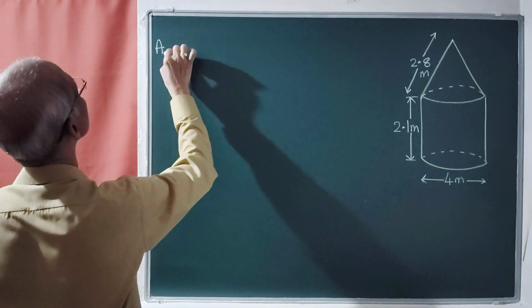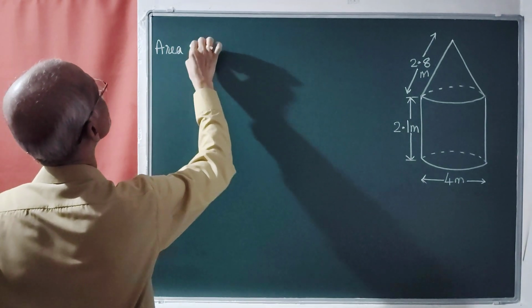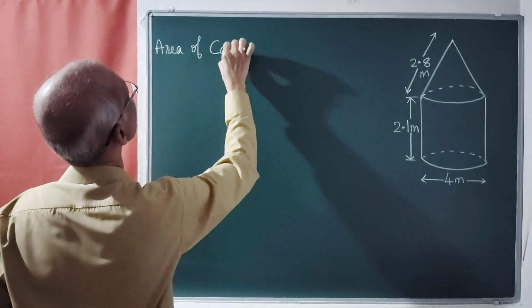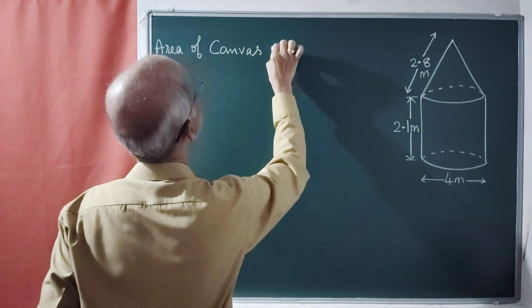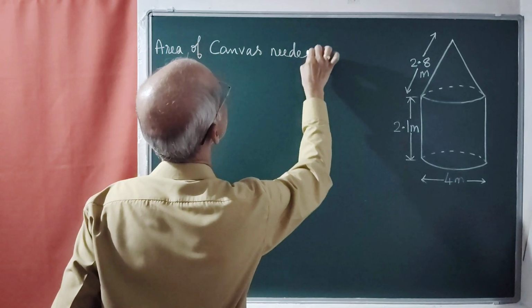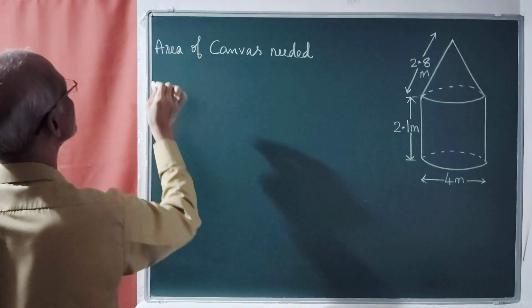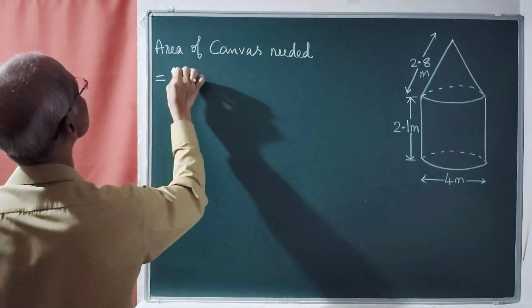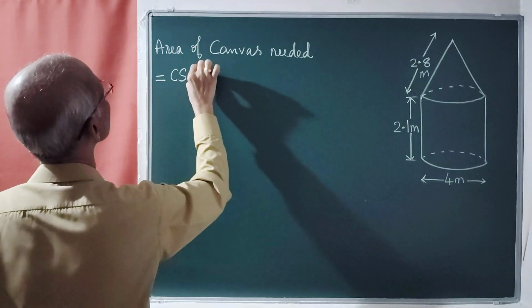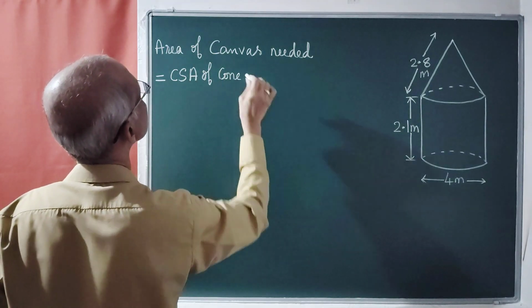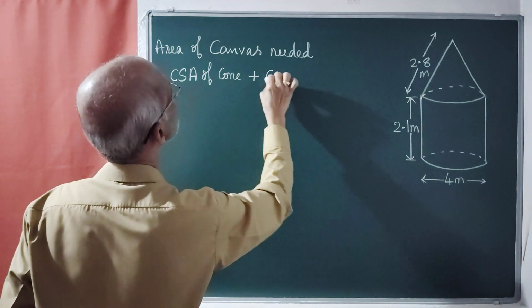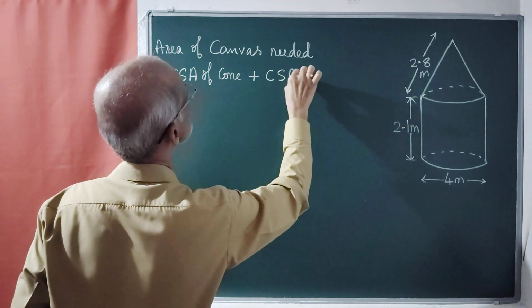The area of canvas needed is equal to CSA of cone plus CSA of cylinder.